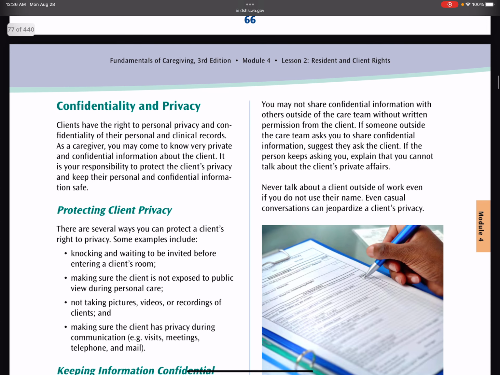Okay, now let's talk about confidentiality and privacy. We always have to protect client privacy and keep information confidential. For example, knocking and waiting to be invited before entering a client room is an example of protecting client privacy.